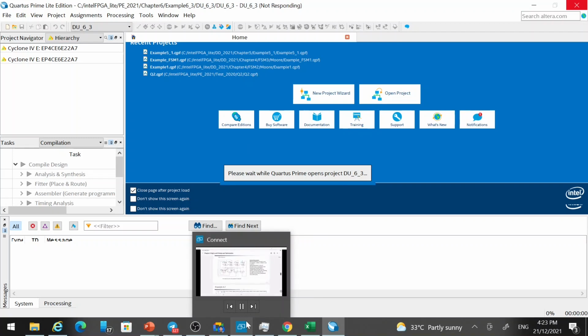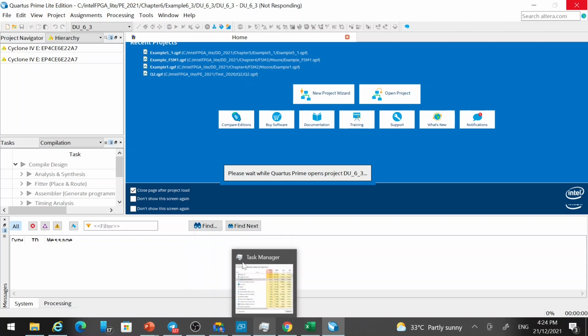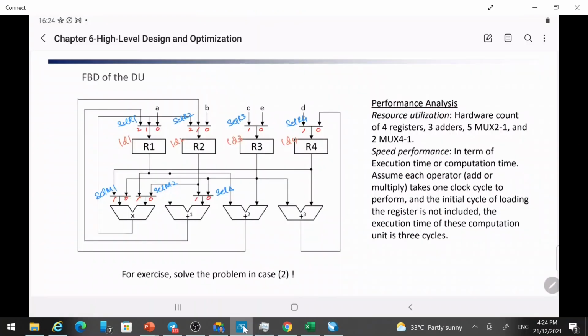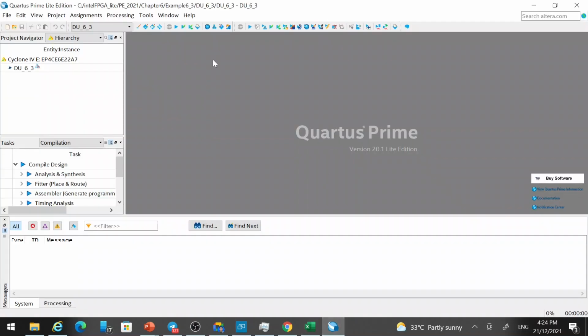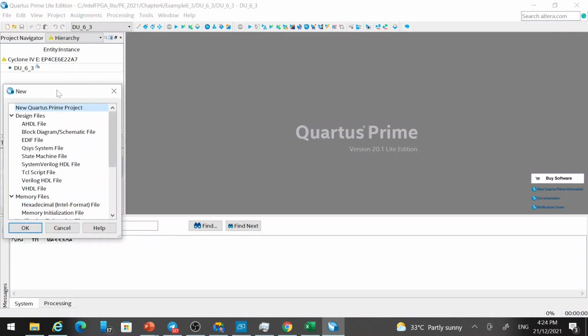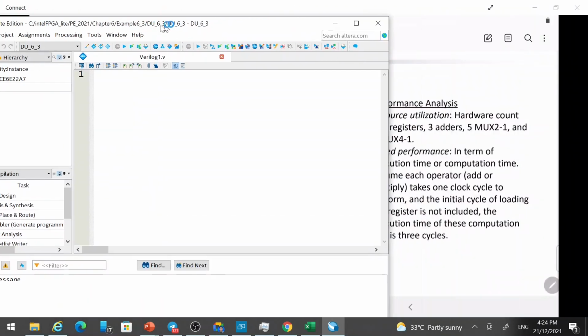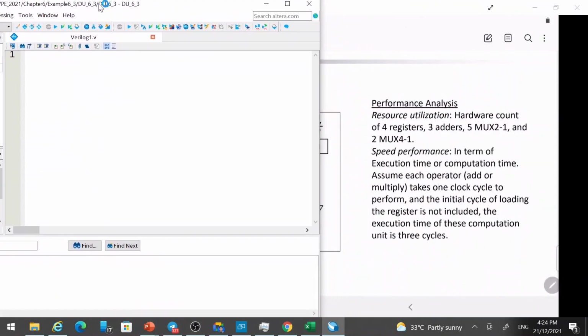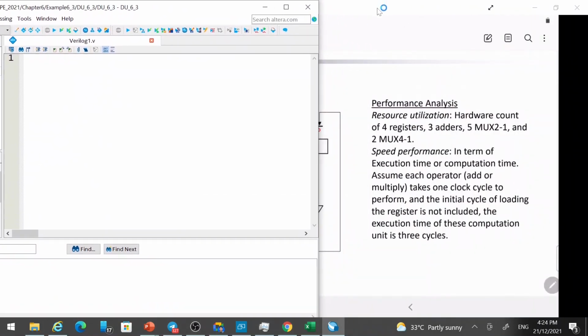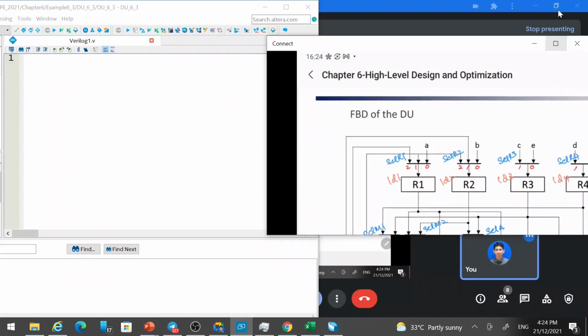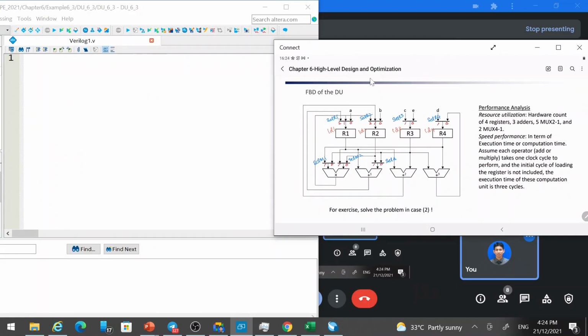So what we need is the circuit such that we can write the code. So this is the circuit, and let's have a new file. Okay, so I need only this area, and I need this such that I can describe.